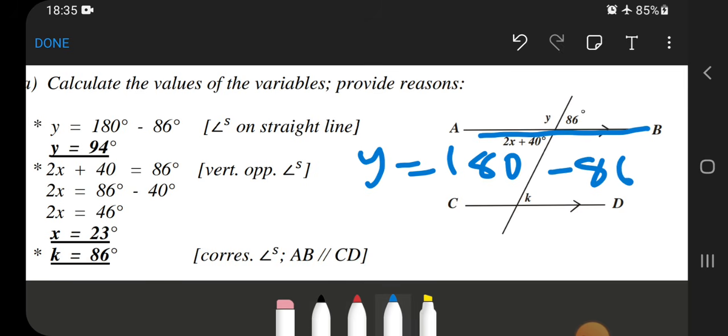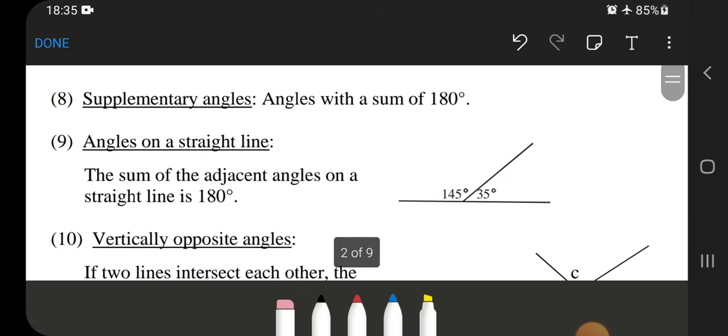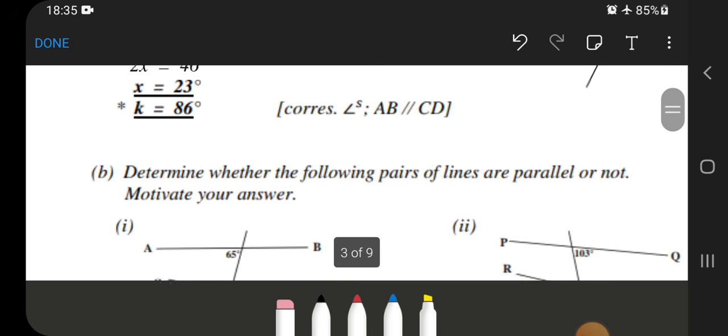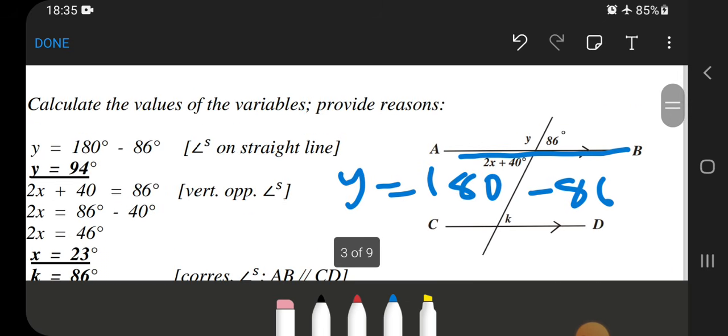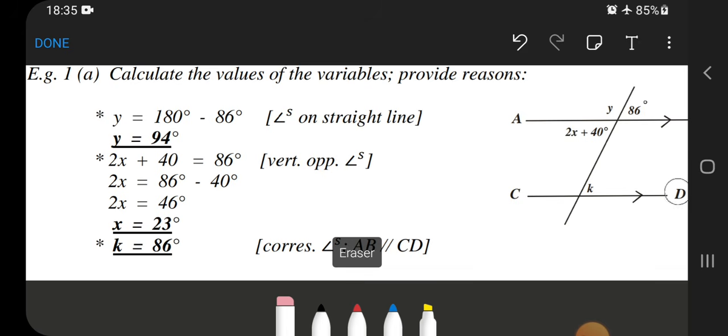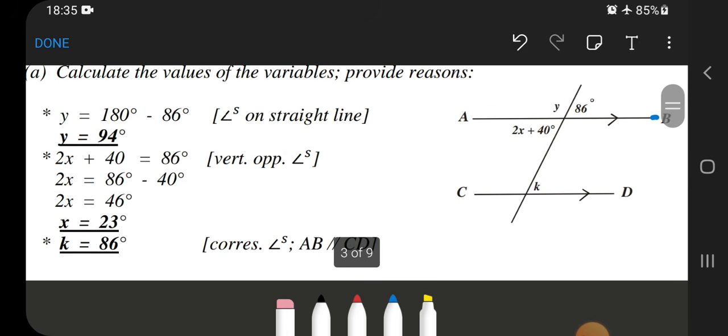That is the reason we can use, or we can use supplementary angles because they are on a straight line. So that's where we have y equals 94. That is very easy, right? When you know your work, it's very easy to answer anything.